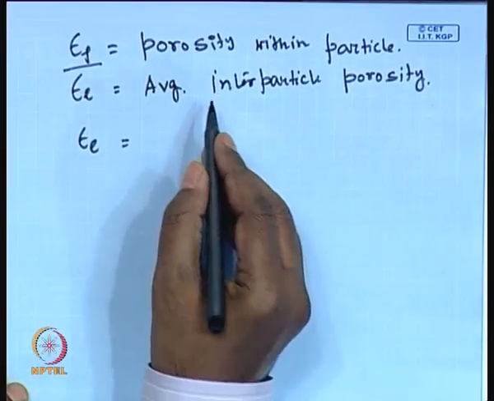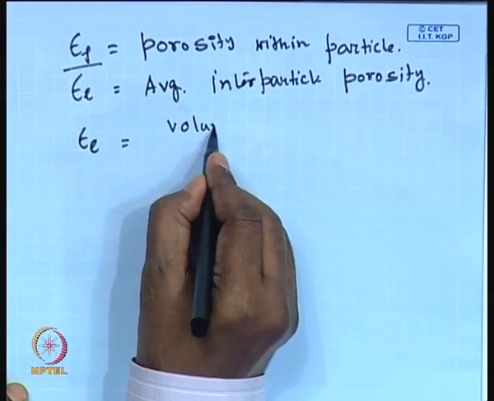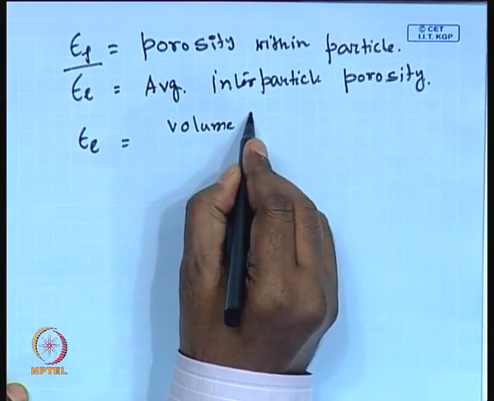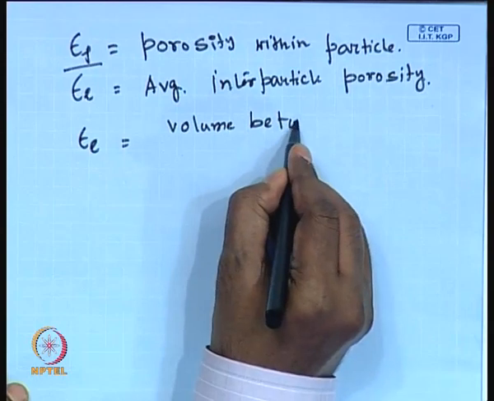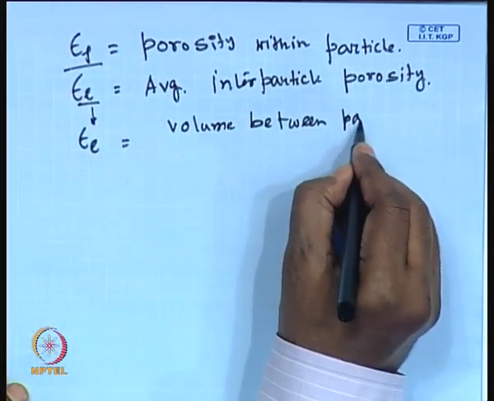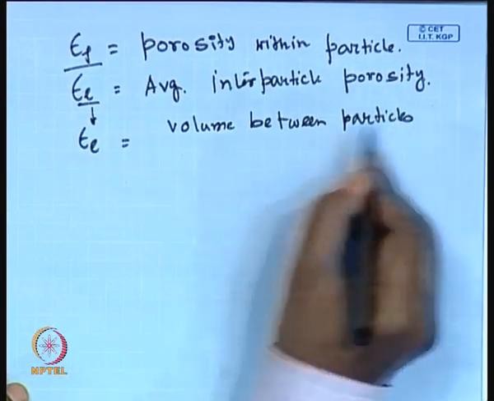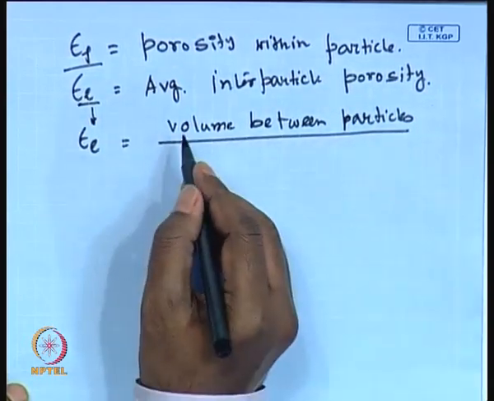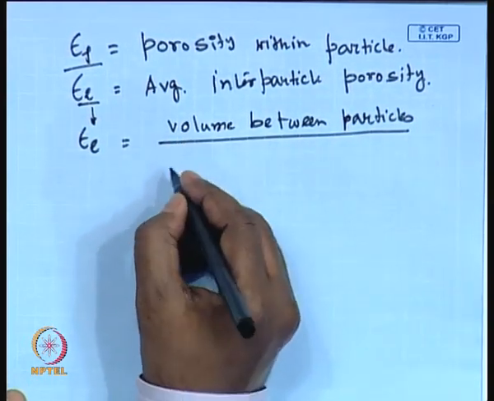So, you can have the definitions now. Epsilon e is basically volume between particles, divided by total volume of the packed bed.